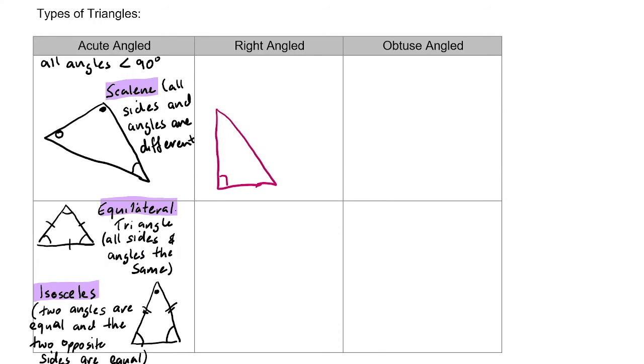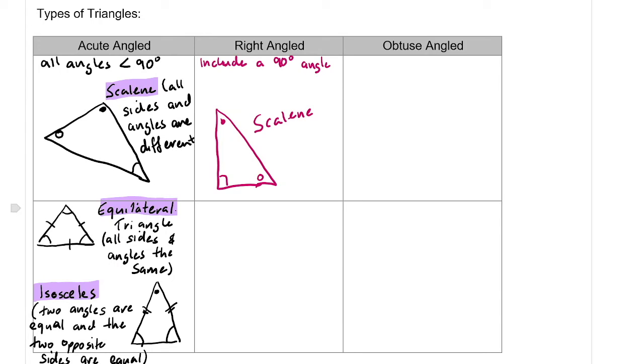So all the sides are different and all the angles are different. But one of them has to be 90 degrees. So it always has to include, for a right angle triangle, a 90 degree angle, because a right angle is a 90 degree angle. So this is our scalene one.